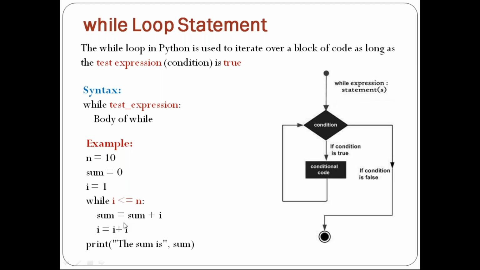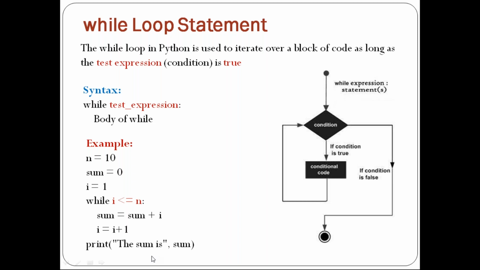And this will be continued until the expression gives the truth value as false. When the expression gives the truth value as false, the control comes out from the loop, and we will be getting the sum.